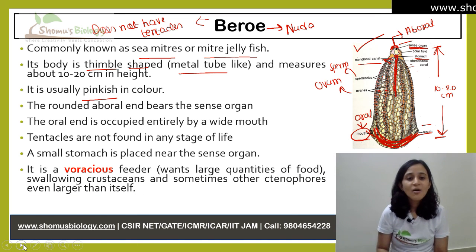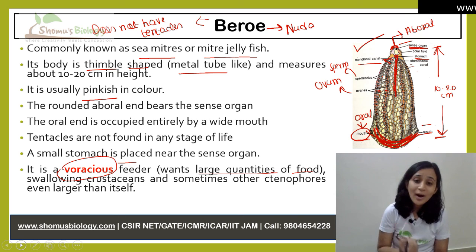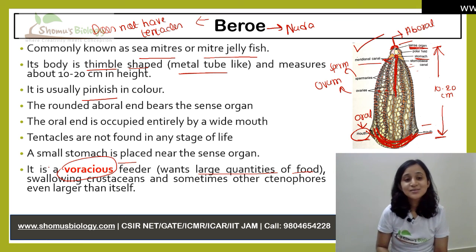So it is a voracious feeder. This is very important to remember, that Beroe is a voracious feeder, and voracious feeder means they want large quantities of food. They swallow crustaceans and sometimes other ctenophores even larger than itself.